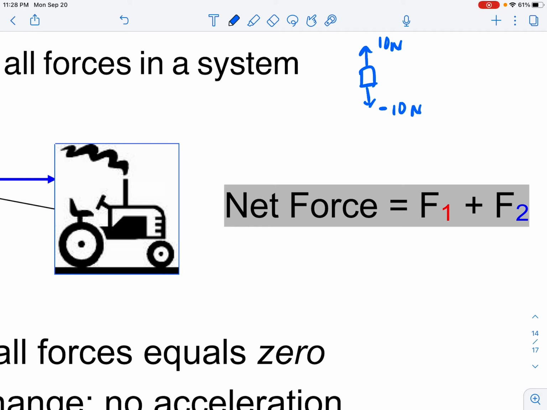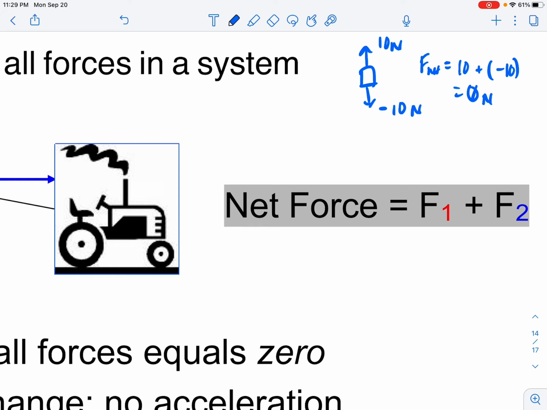So if I'm going to use my net force equation, I am going to say Fnet is equal to my first force, a positive 10 newtons, plus my second force, a negative 10 newtons. If I add that up, I get a value of 0 newtons.